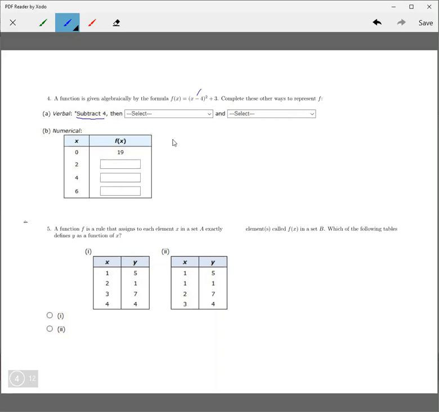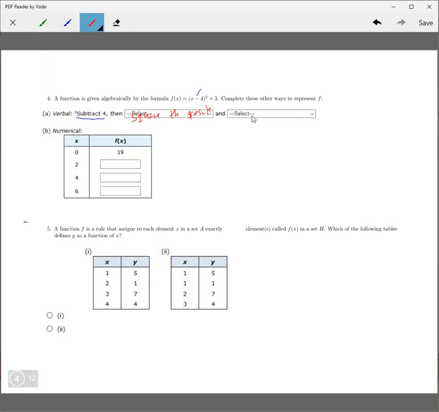Then the second thing is you square the result. And then after that, you add 3.